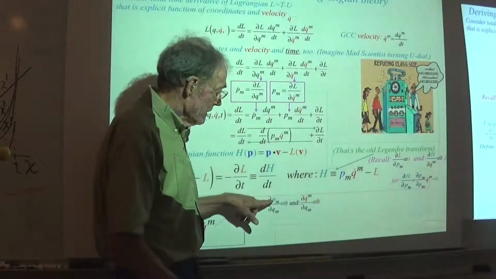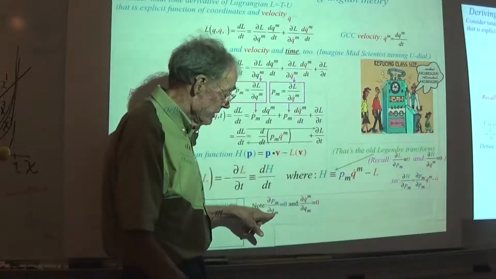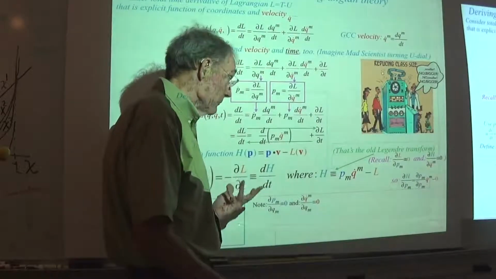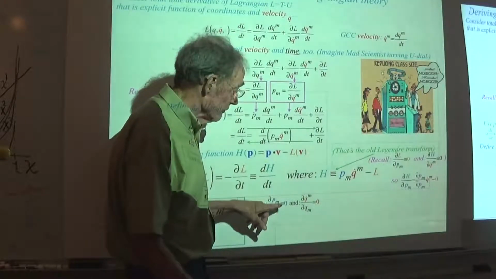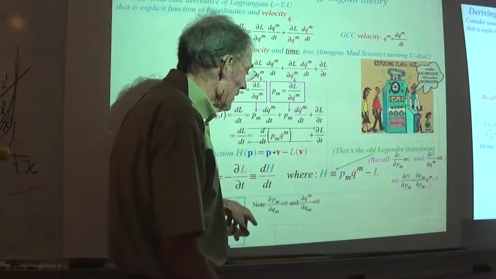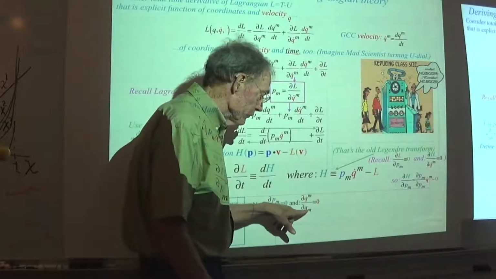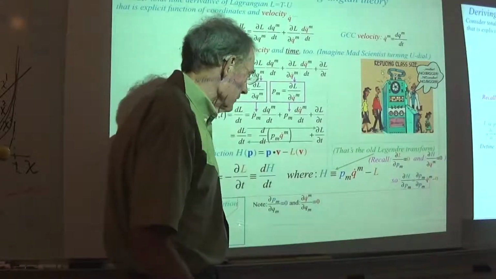zeroth equation, that the partial derivative of momentum with respect to position, they should be independent. So that is definitely zero, technically zero. And also the partial derivative of q dot, that's a velocity, with respect to the coordinate, also identically zero.